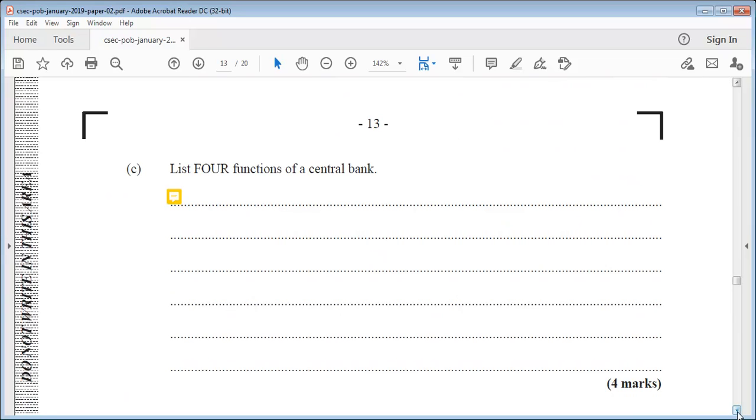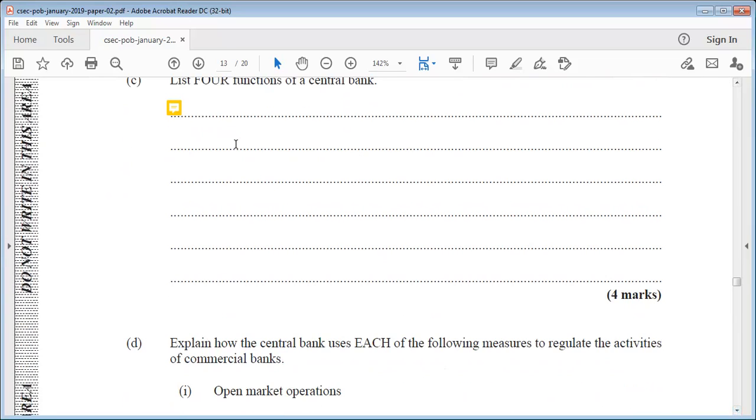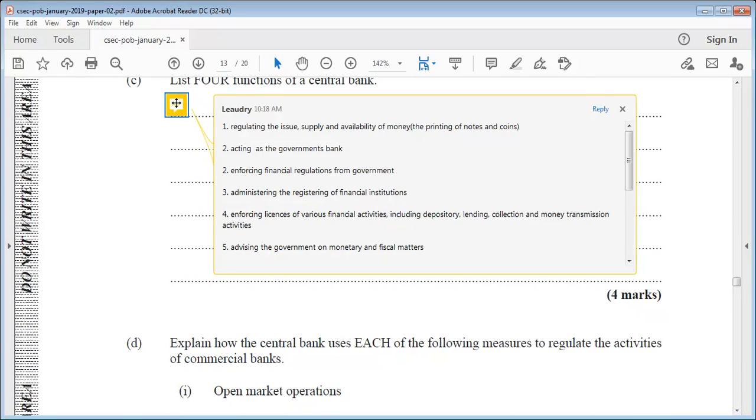C says, list 4 functions of central bank. 4 functions. 1, regulates the issue, supply, and availability of money.